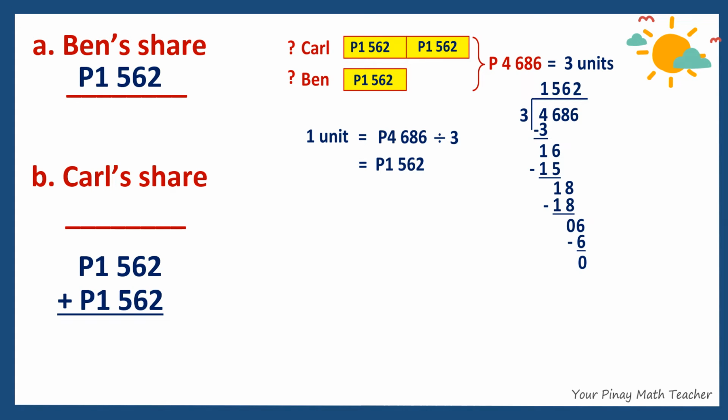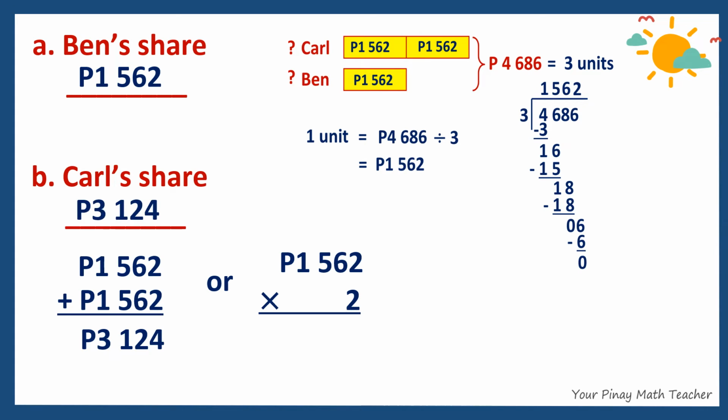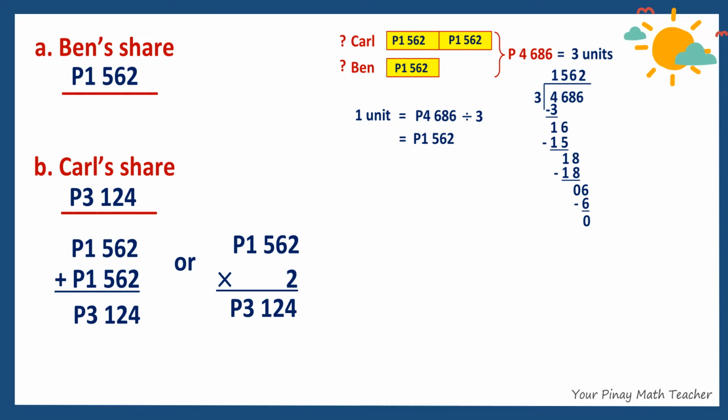There are 2 ways to get Carl's share. We can add 1,562 twice, or we can multiply 1,562 by 2, and we can get 3,124 pesos. So how much is Carl's money left if he bought a book that cost 500 pesos?